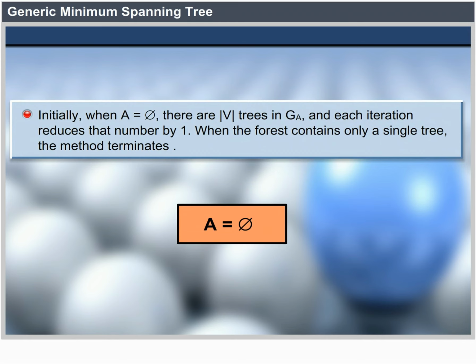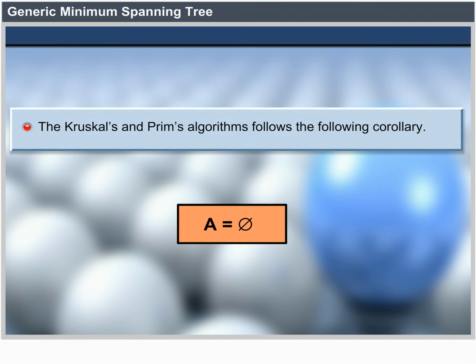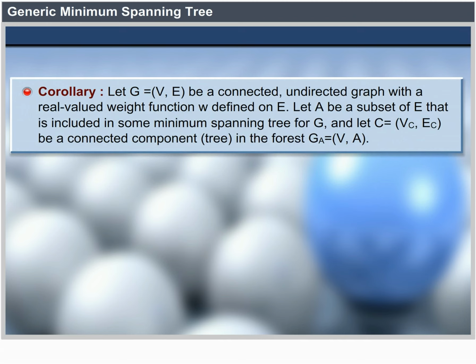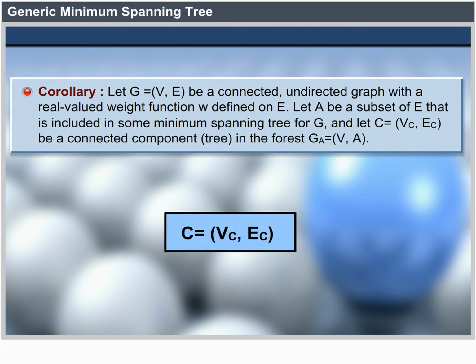Kruskal's and Prim's algorithms follow from the following corollary. Corollary: let G = (V, E) be a connected, undirected graph with a real valued weight function w defined on E. Let A be a subset of E that is included in some minimum spanning tree for G, and let C = (VC, EC) be a connected component tree in the forest GA = (V, A).